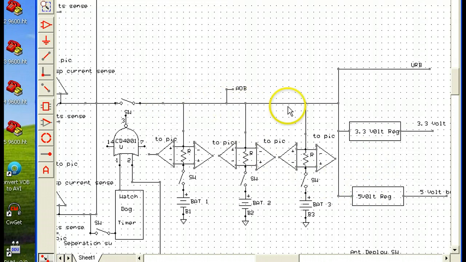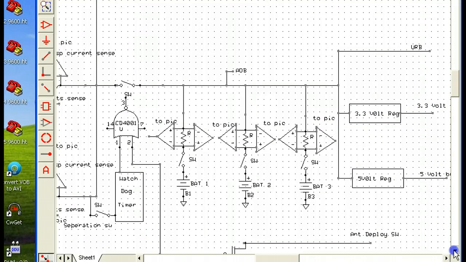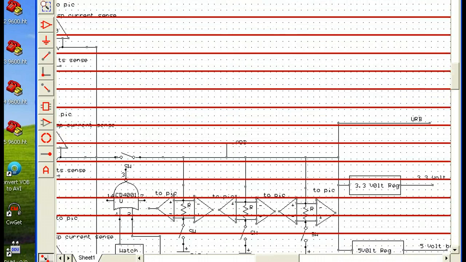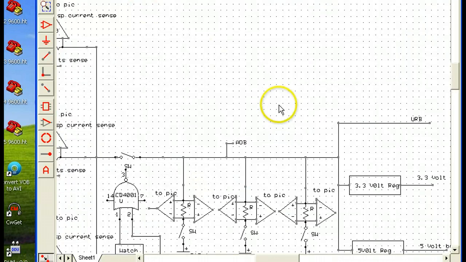So when this bus gets energized, this produces 3.3 volts, which will power up the PIC. And here's where things get started. This switch here can also be controlled by the PIC.